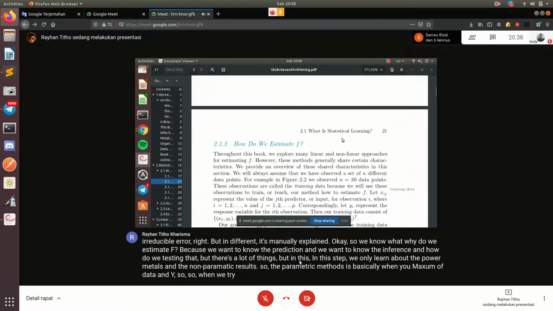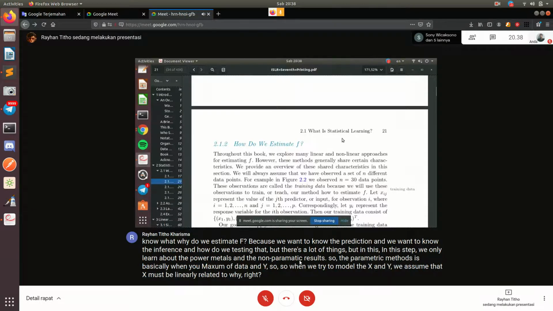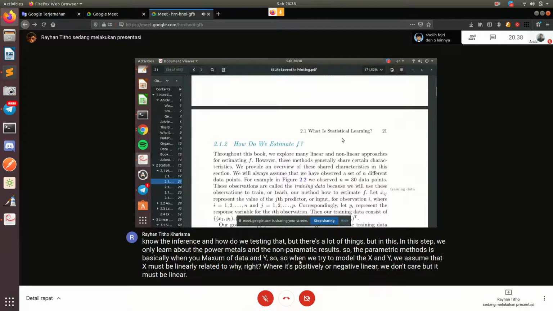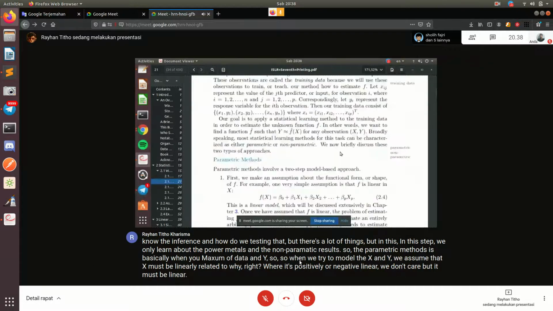When we model x and y, we assume that x must be linearly related to y, whether positive linear or negative linear, but it must be linear. That's a parametric method.